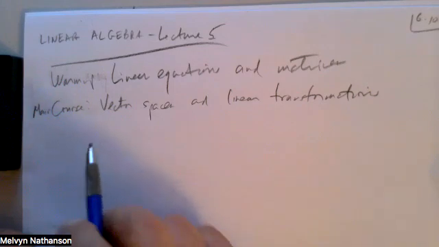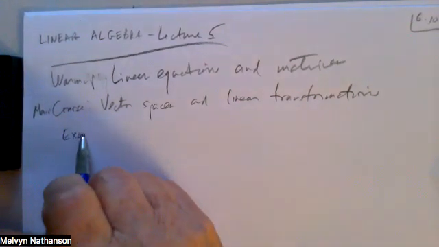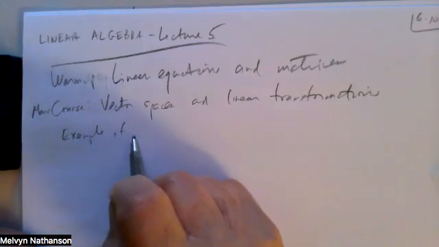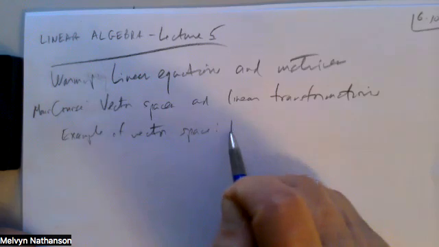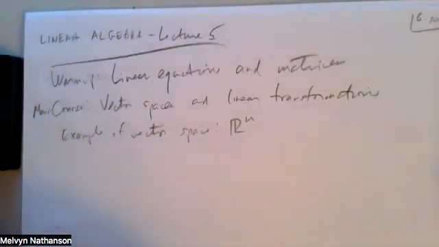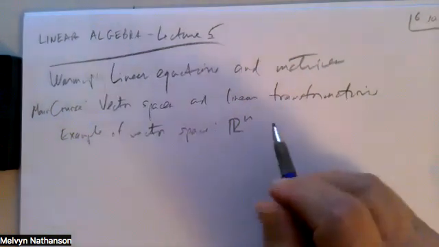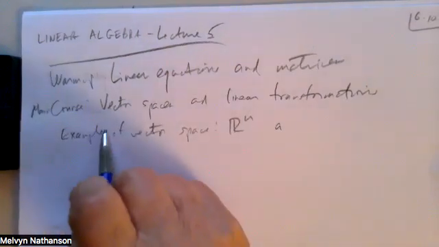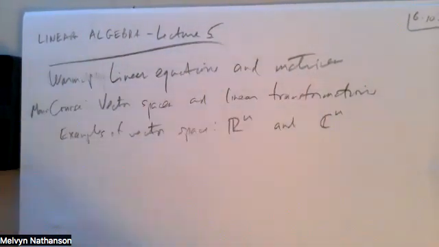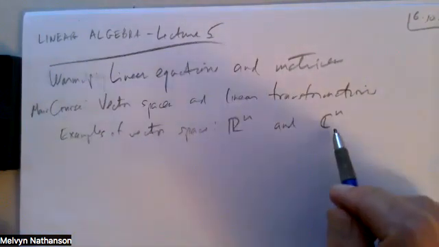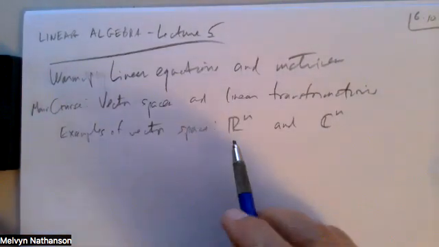The main example of a vector space and the most important example is Rn, which is the set of n-dimensional column vectors with real coefficients. And the next most important example is Cn, which are n-dimensional column vectors with complex numbers as coefficients.